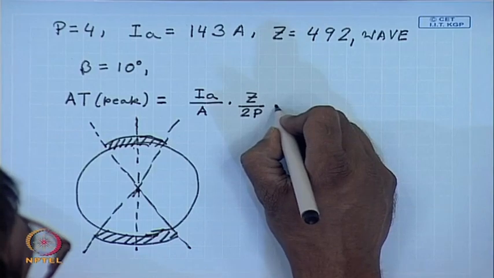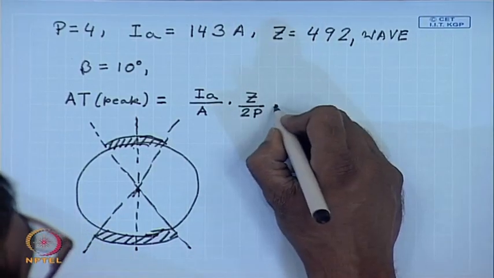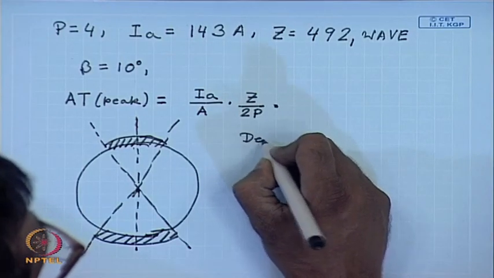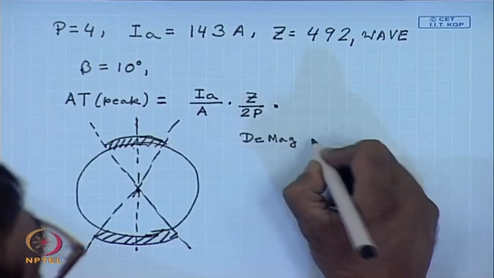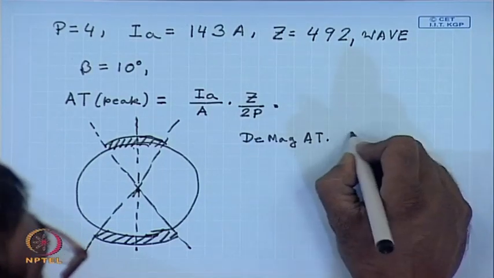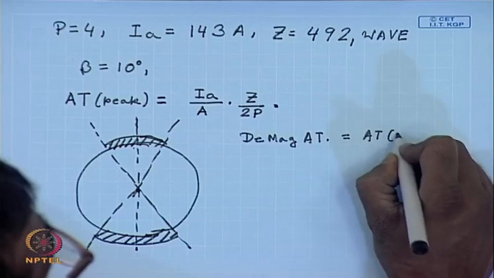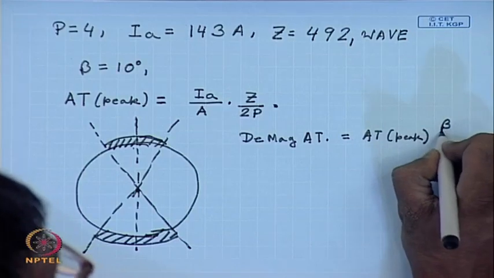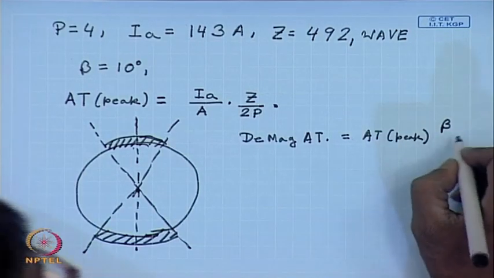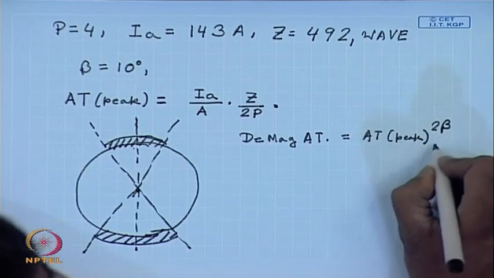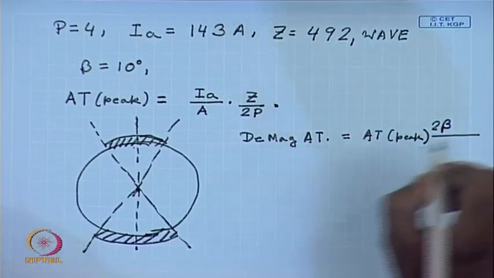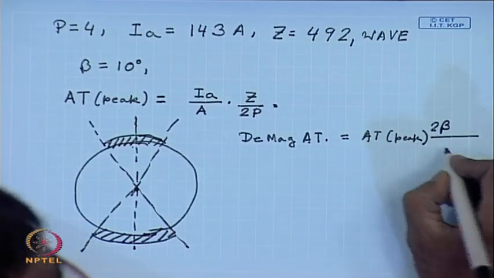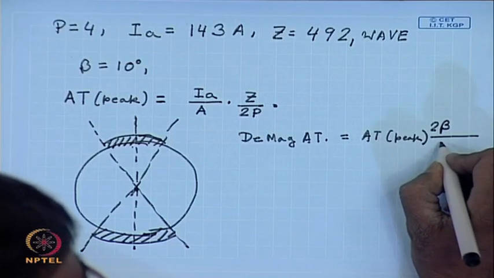So, the demagnetizing AT will be equal to AT peak times beta, since 2 beta is the angle over which the conductors will demagnetize, and between two poles the separation is 2 pi by P.